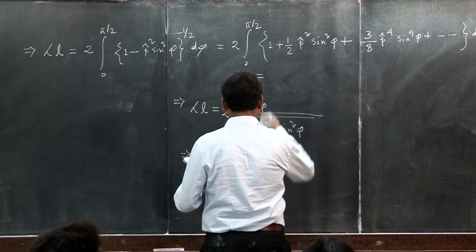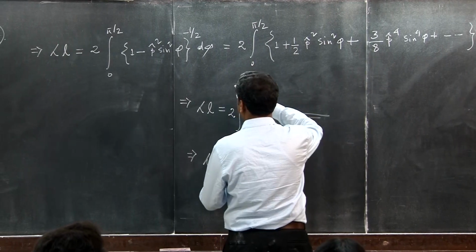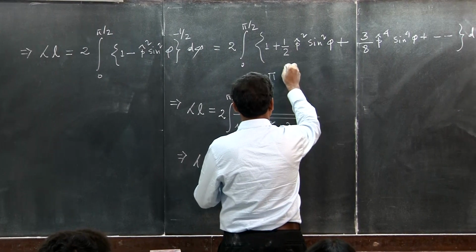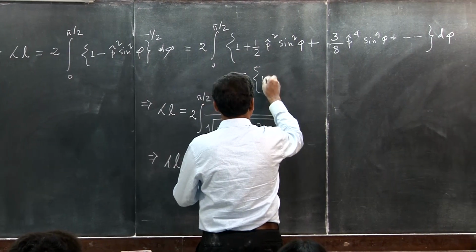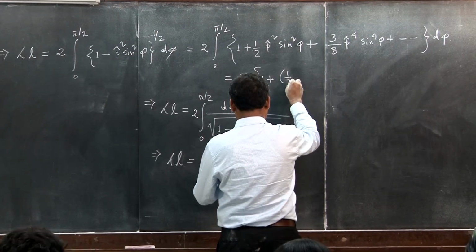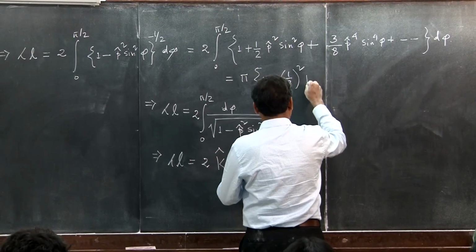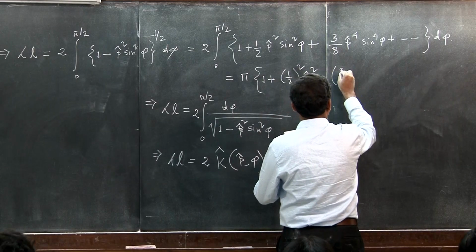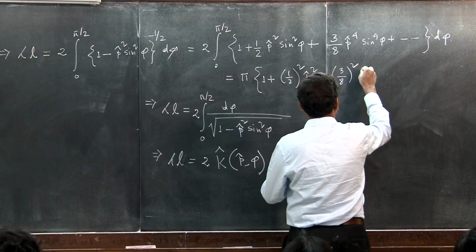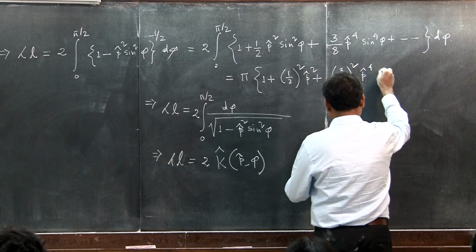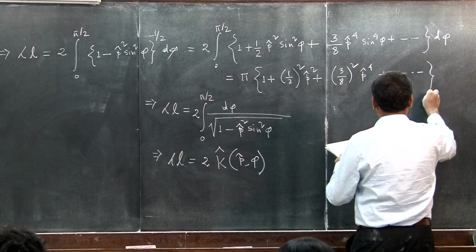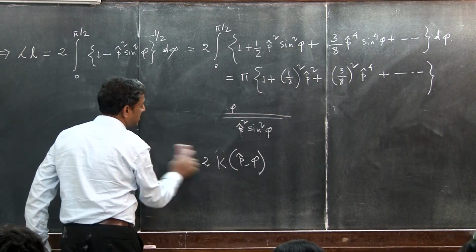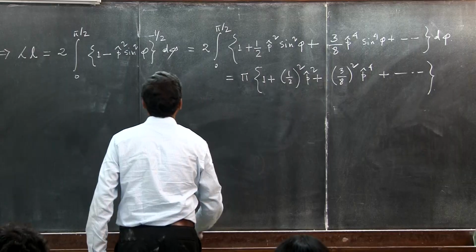This can be simplified as pi times (1 plus half p square, if you do this integration, plus 3 upon 8 square p cap 4 plus so on), and I'll talk about this later. For the time being, leave it.